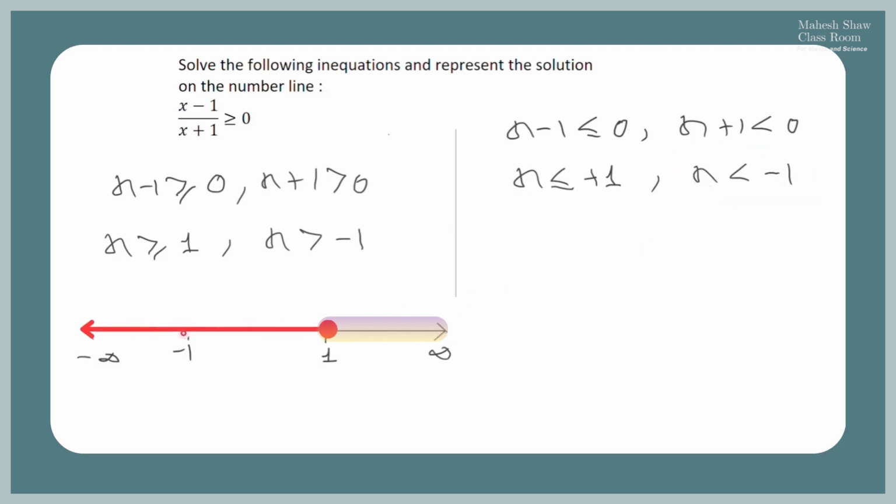In this case, less than or equal to 1 means 1 is inclusive to negative infinity, and less than minus 1 means minus 1 is not included, from minus 1 to negative infinity. So in this case, the common part will be negative infinity to minus 1, where minus 1 is not included. Therefore, we can say that x belongs to negative infinity to minus 1, not inclusive, union 1 inclusive to positive infinity.